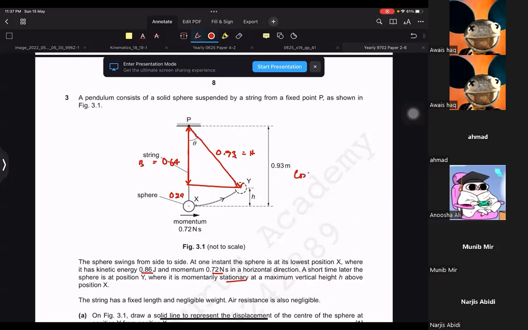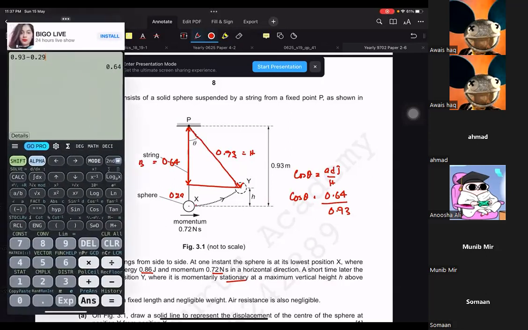So cos theta equals base over hypotenuse, or adjacent over hypotenuse. Cos theta: adjacent is 0.64, hypotenuse is 0.93. This is a math question, not even a physics question. That's not fair. Now 0.64 divided by 0.93, so the answer for theta is 47 degrees.